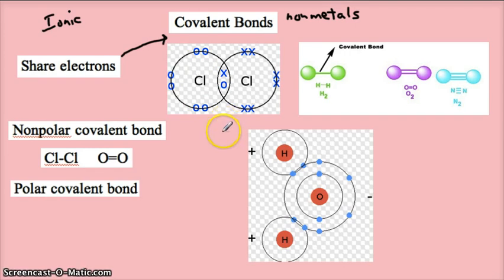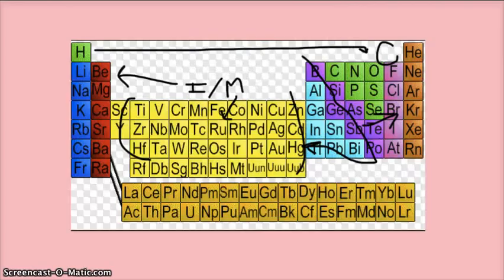Now, one thing about covalent bonds, you often have them together. Chlorine, let's see where chlorine is. Chlorine happens to be right here. It is a non-metal. It's also a halogen. So since it is a halogen, it is going to have a negative charge.